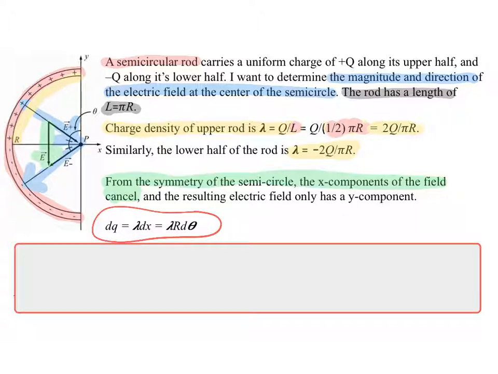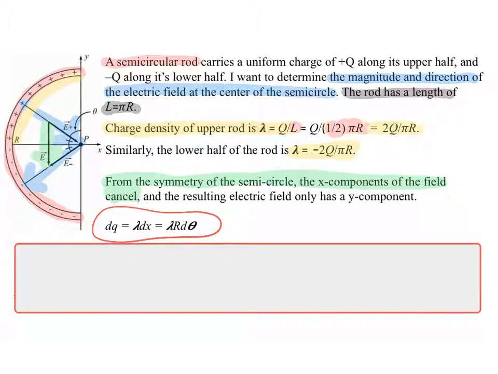Charge per unit length times unit length is charge. So by taking the infinitesimally small chunk of length that's associated with a little chunk of charge, we are writing the differential of charge in terms of something that can be integrated.